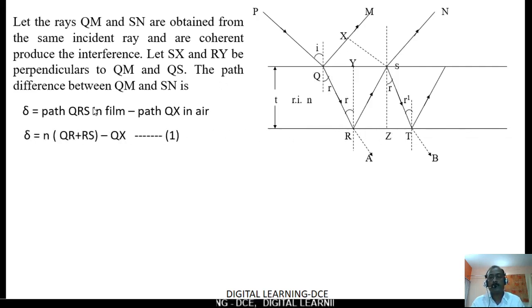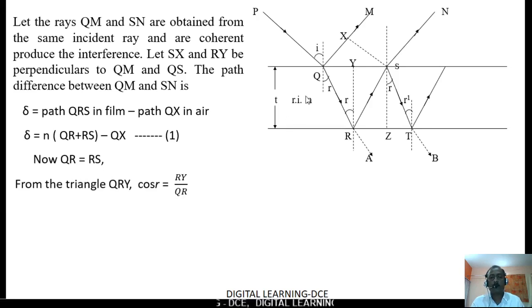Therefore, the path difference is equal to n into (QR plus RS), where n means the refractive index of the medium, that means the film, minus QX. Let it be equation 1. Now QR is equal to RS, as they travel the same path inside the film.